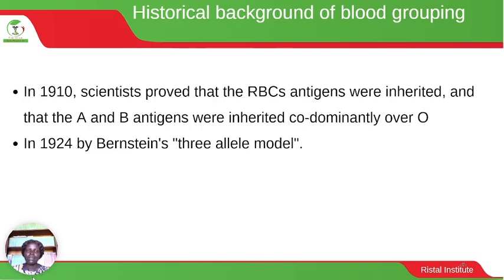In 1910, scientists proved that the red blood cell antigens were inherited and that the A and B antigens were inherited codominantly over O. That means that if one parent has blood group O and the other parent has blood group A, the offspring is most likely to take blood group A rather than blood group O. That is why we say it is inherited codominantly.